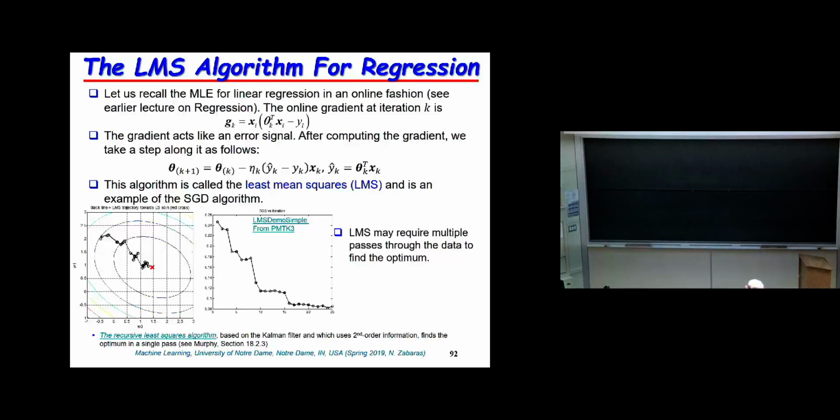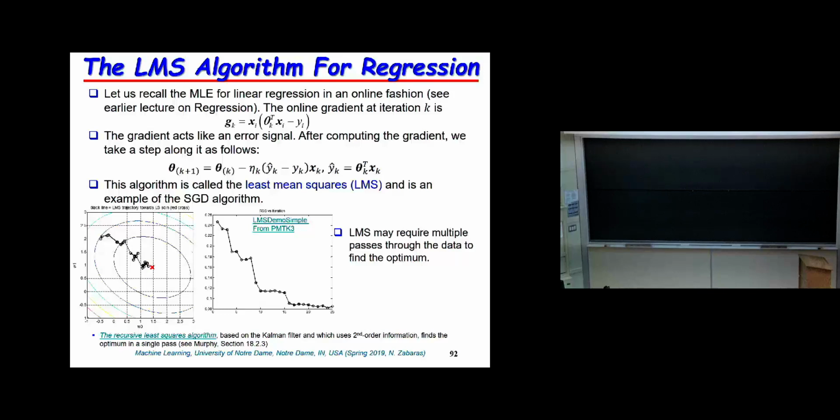So if you do learning of the MLE estimates for regression using Robbins Monro, effectively the parameters at k+1 would be the parameters at k minus this gradient, which is xk times (theta transpose xk minus yk). Theta transpose xk is the prediction of your model at point xk, and yk is the actual training label that you had.